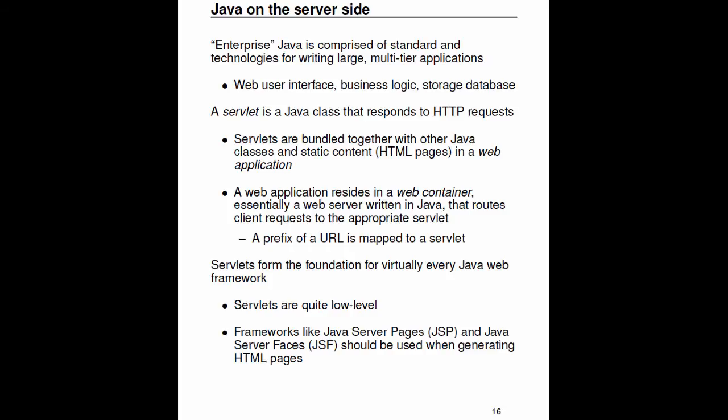When you configure the web applications within a web container, you map a certain part of a URL, the prefix of a URL, off to some servlet, and it's up to the servlet to do the rest of the heavy lifting.